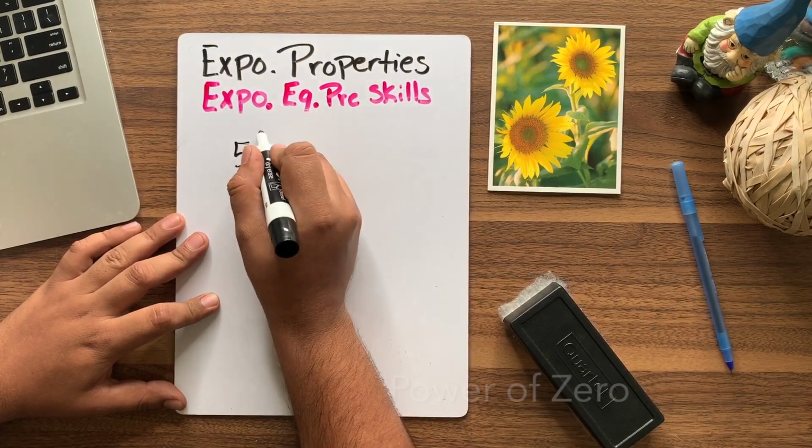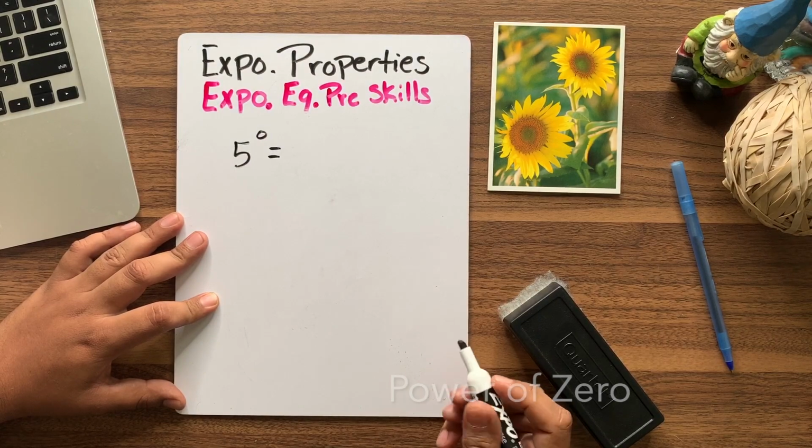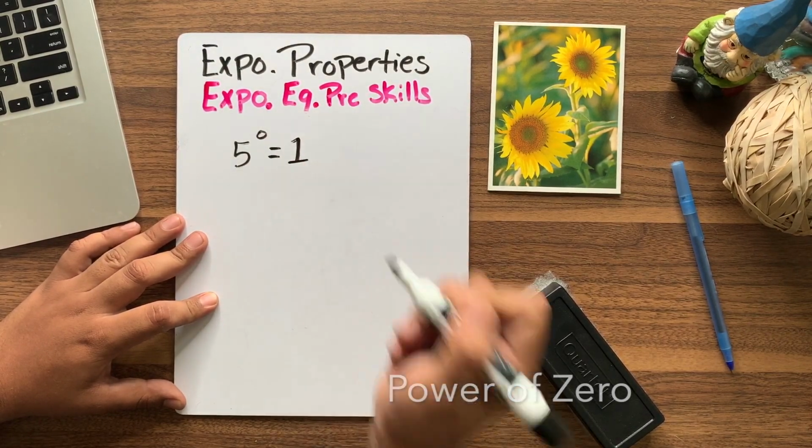So if we have 5 to the power of 0, anything to the power of 0 is 1, guys.